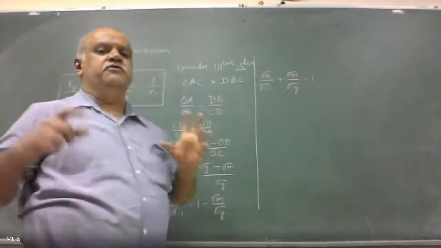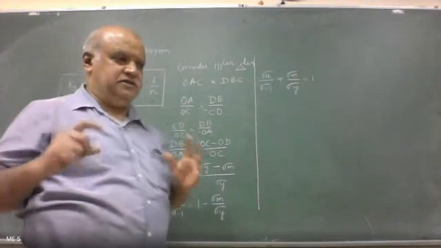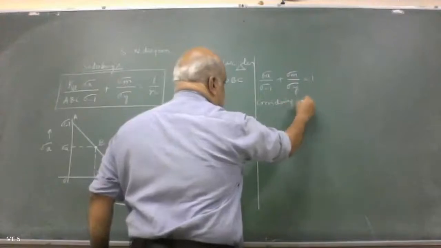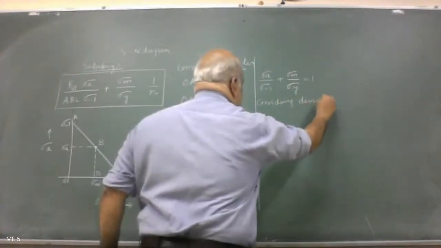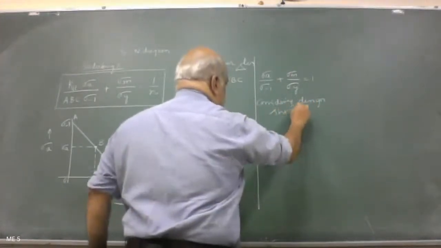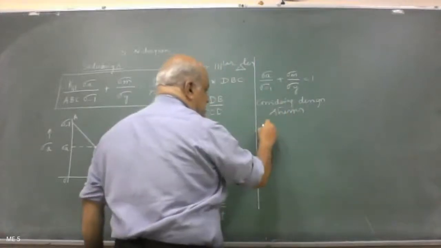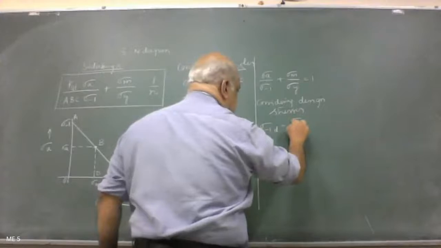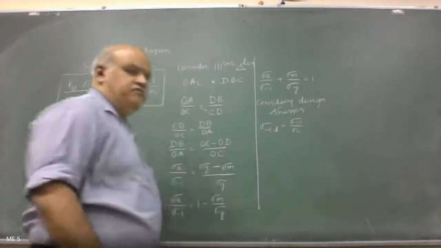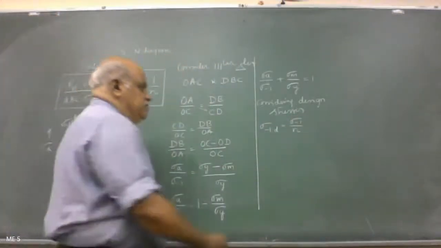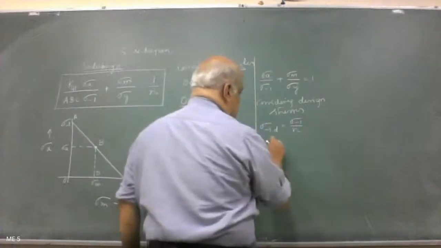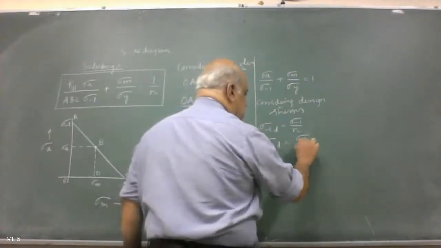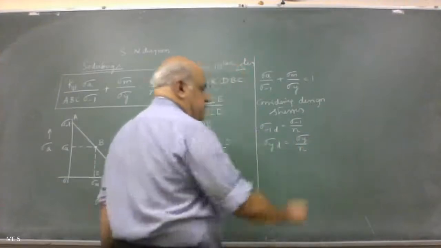Now what we have is an equation in stress amplitude, endurance stress, mean stress, and yield stress, equal to 1. Suppose we consider design stresses. Considering design stresses, what will happen? Sigma endurance design will be equal to sigma endurance divided by factor of safety N. Similarly, design yield stress is equal to sigma yield divided by factor of safety.